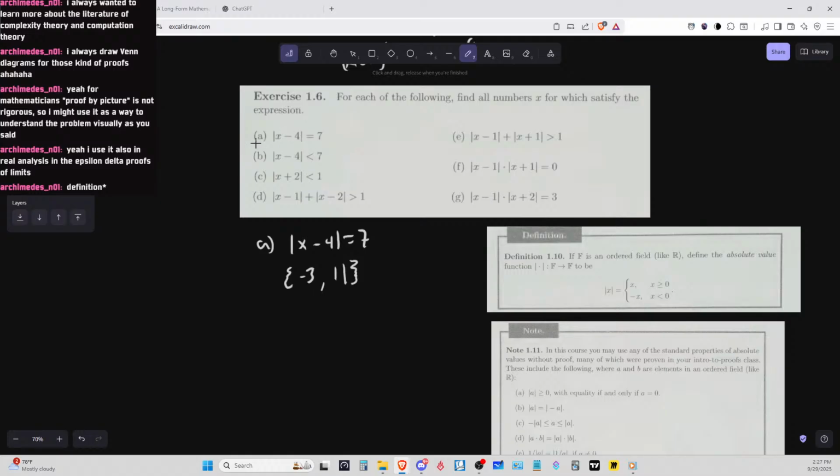And I don't think we're going to use things like... I mean, yeah, I use it also in real analysis in the epsilon delta proofs, the definition. Oh, okay, I see.